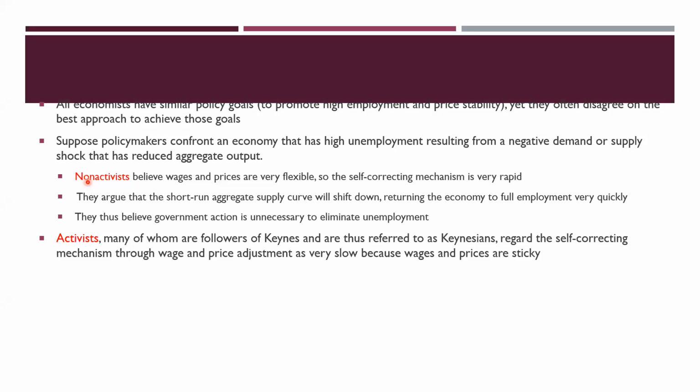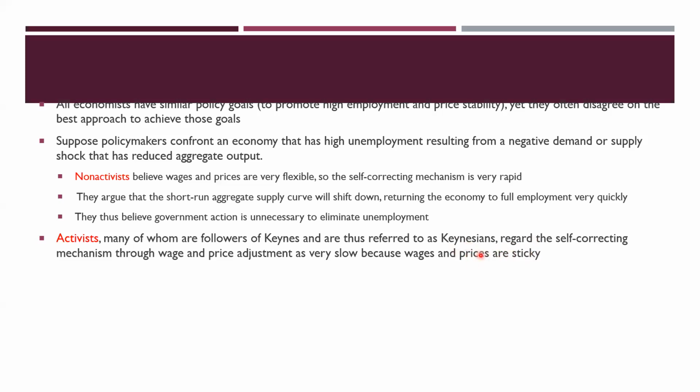For example, a wage contract might span from 1 year to 3 or 5 years, saying an employee would be getting this much of a wage rate. So whatever happens on the market, the employee might continue to receive the same wage rate, even when inflation is rising. So we cannot with certainty say that wages and prices are flexible. No, they are not flexible in the real world, because even prices are sticky.